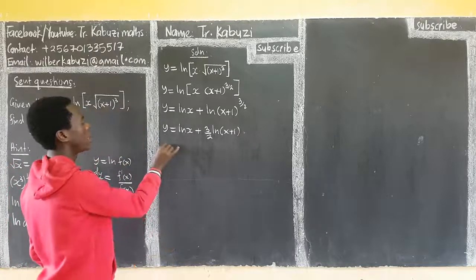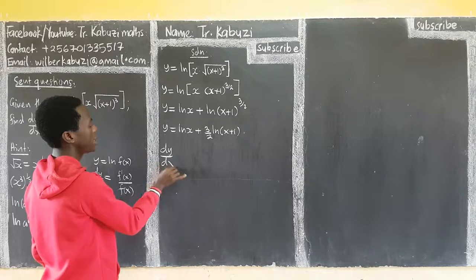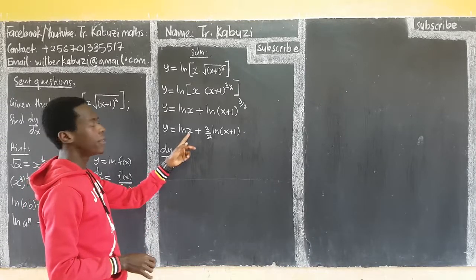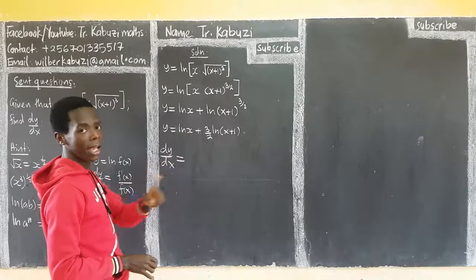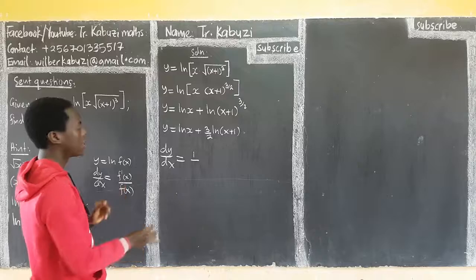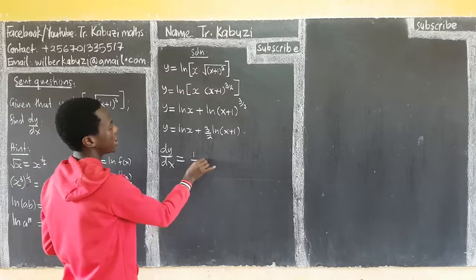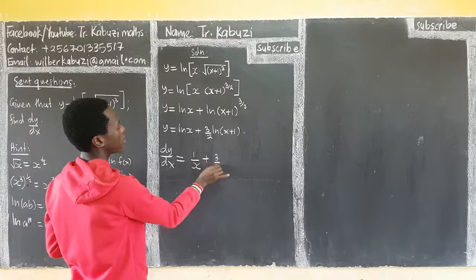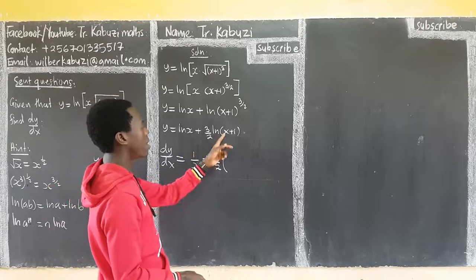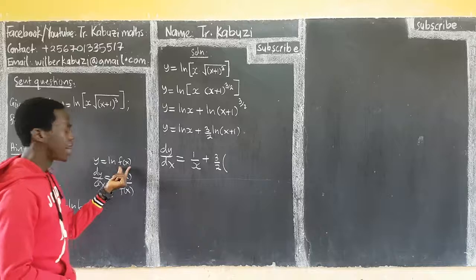So dy/dx is going to be, when I differentiate x, I get 1 over the original function, which is x, then plus 3 over 2. Remember, this is a constant.